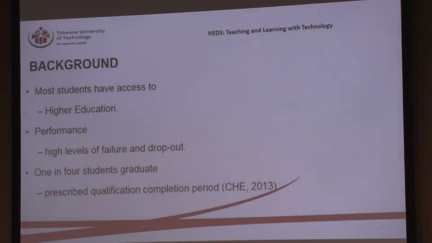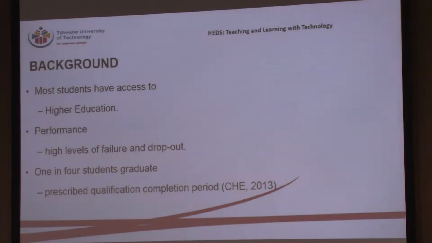In the democratic era of South Africa, most students have access to higher education. However, only 1 in 4 students graduate at the prescribed time, which is a problem.